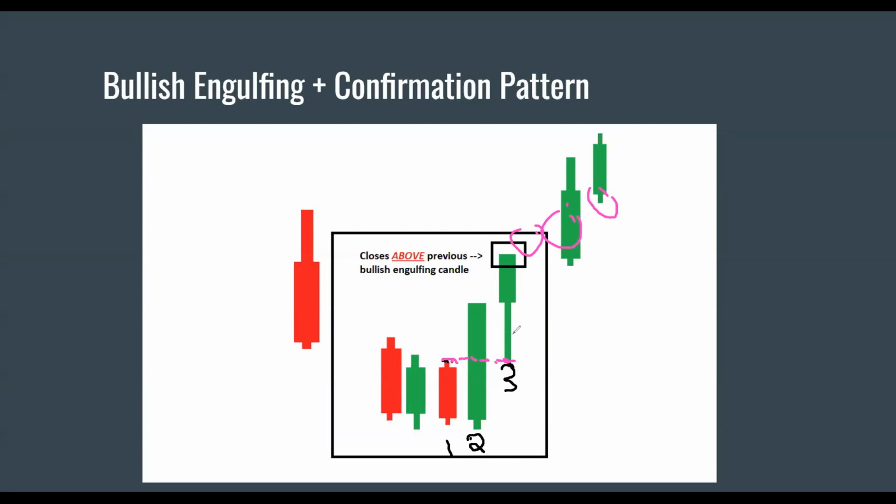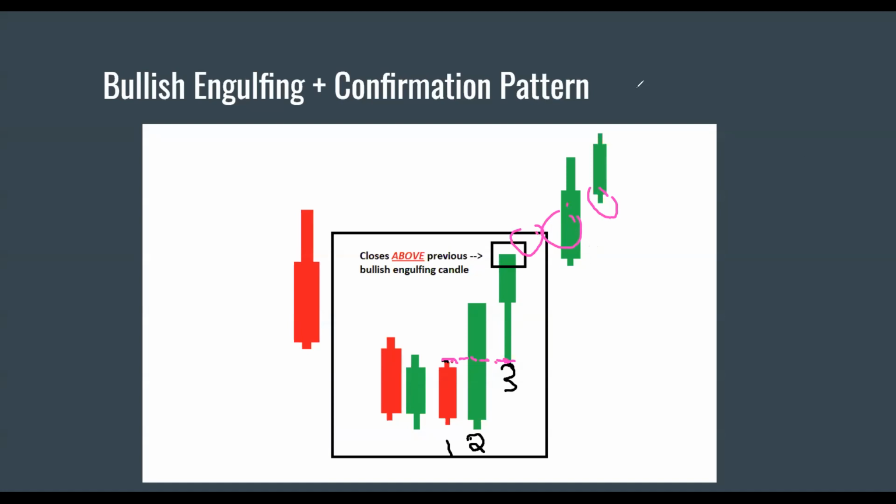It depends on your time frame. It could be for 5 minutes, for 1 hour, or for the whole day. Whatever time frame you're looking at, I would advise you at least do the 15-minute or above, because price action holds better on the higher time frames. That is why I call it the bullish engulfing confirmation pattern.